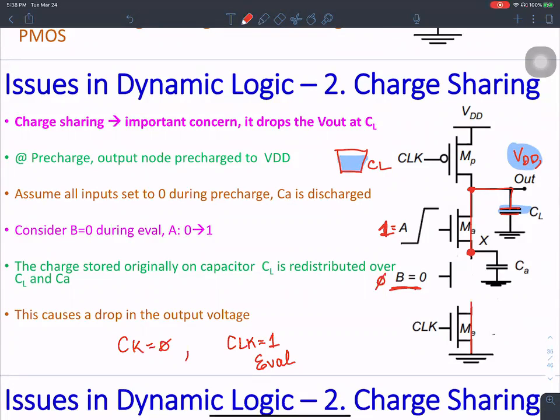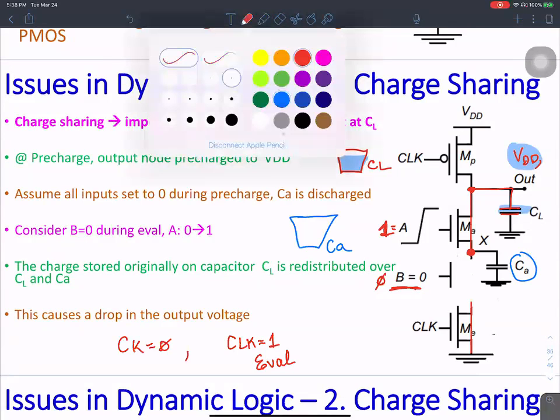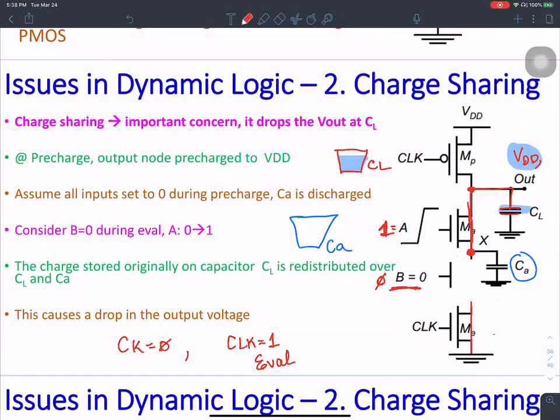Let's ignore the holes in that for the minute. Now it is not connected to ground, but look what is happening here. There is an empty bucket here in the form of CA. When this guy is empty and then a connection is made from CL to CA because A is 1, CA receives some of the water from the load capacitance, and the load capacitance itself loses some of its water.